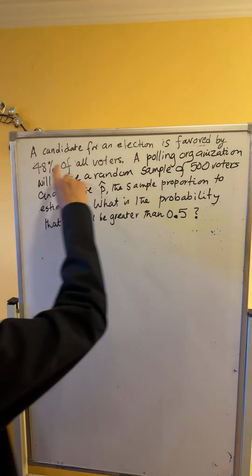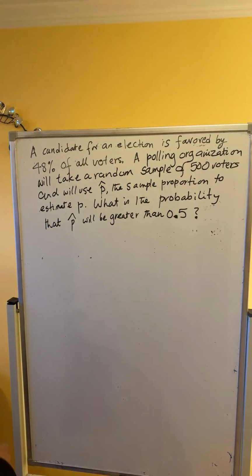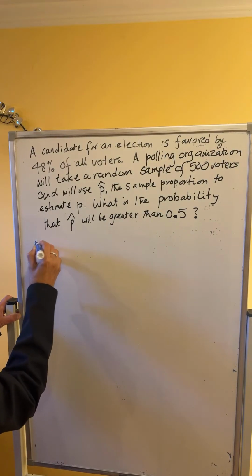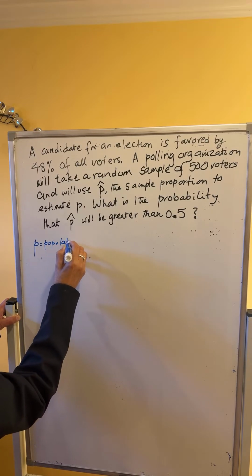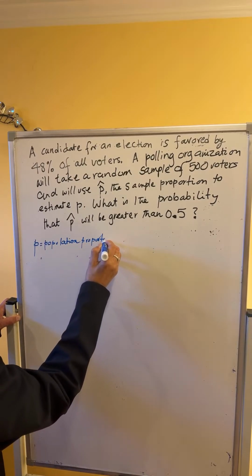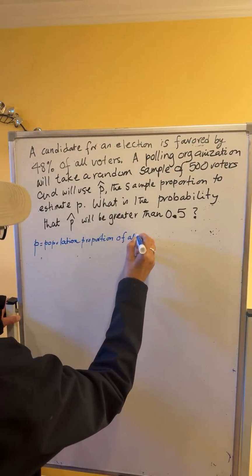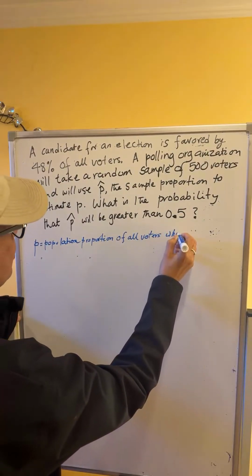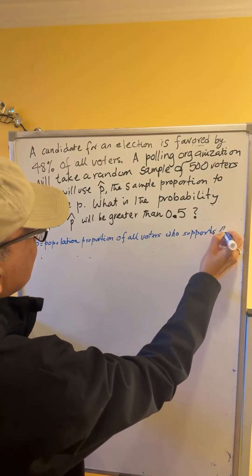So let's read the first line again. A candidate for election is favored by 48% of all voters. So P is the population proportion of all voters who support this candidate.